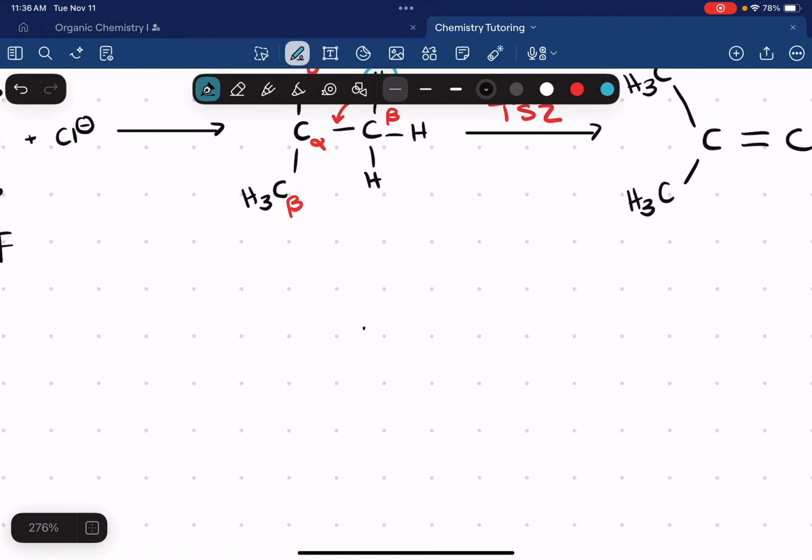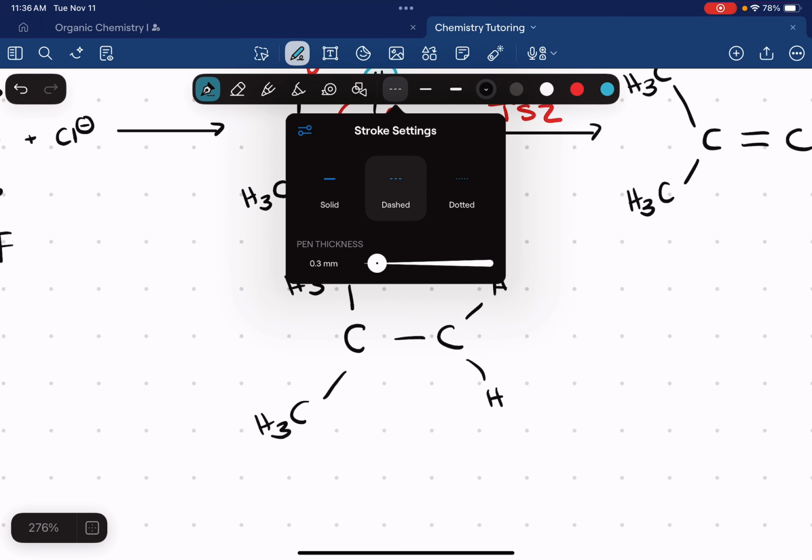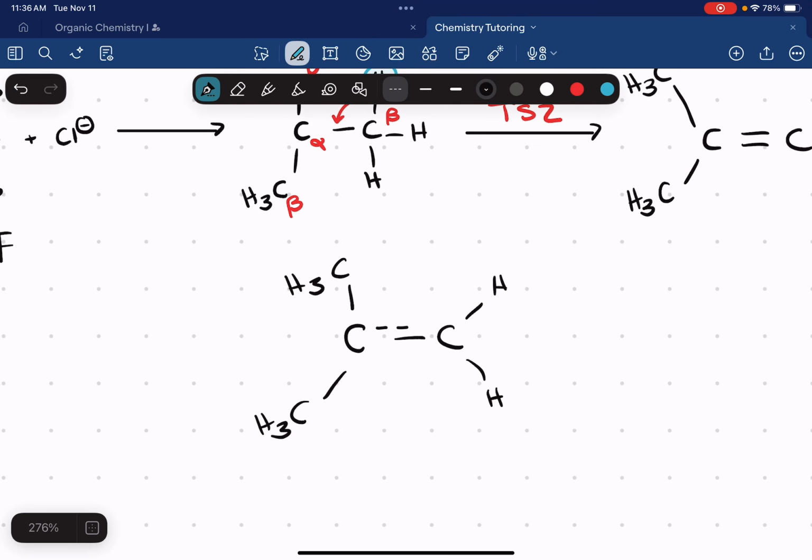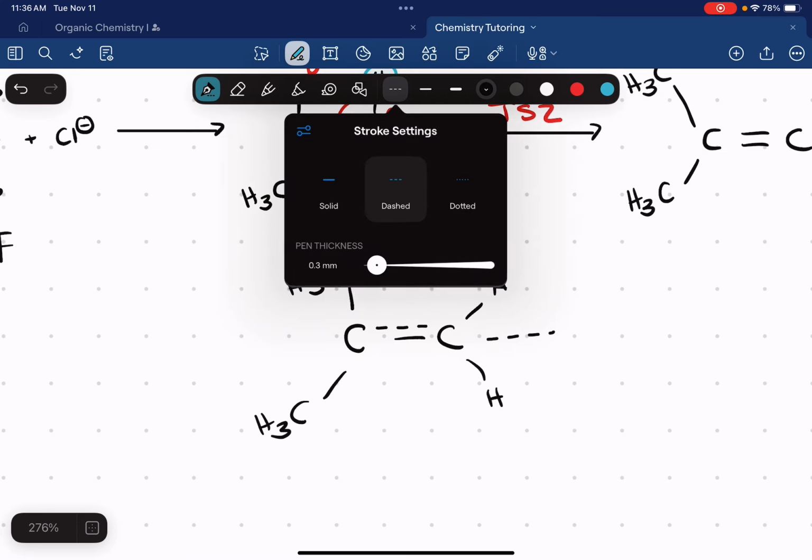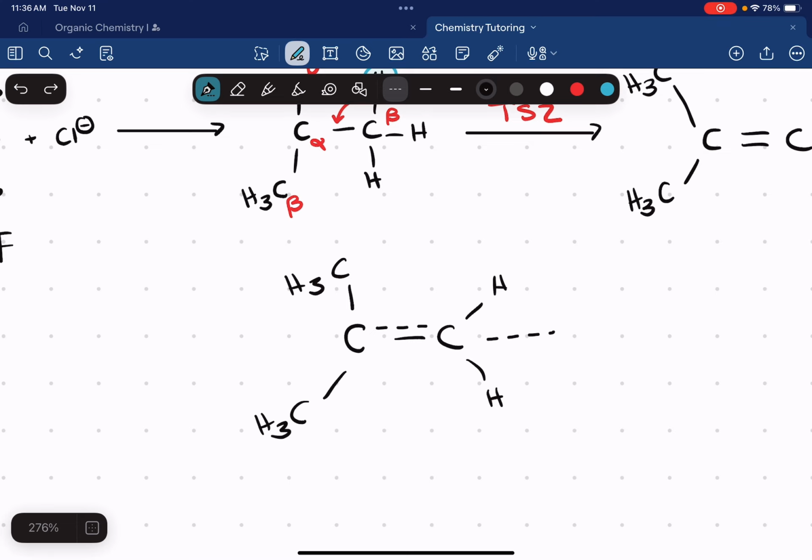Then over here we've got carbon, or CH3, hydrogen. Okay, so this one is going to look wacky. We've got a line here, and then a line out to a hydrogen that was ripped off.